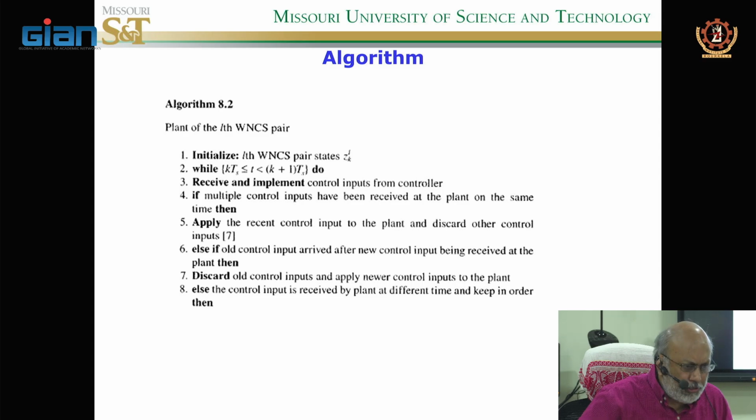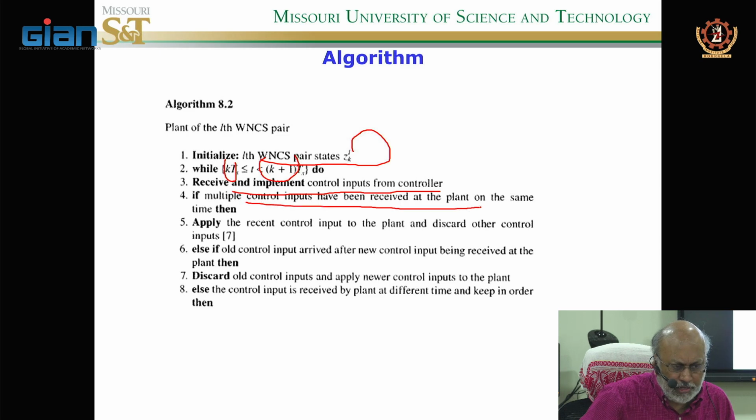In 8.2, here you are initializing all the wireless network control system states while you go from the current time to the next time. Implement the control inputs from the controller. If multiple control inputs have been received at the system at the same time, then apply the most recent control input to the system and discard all other control inputs.